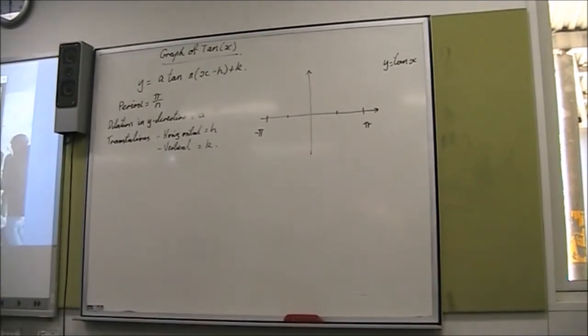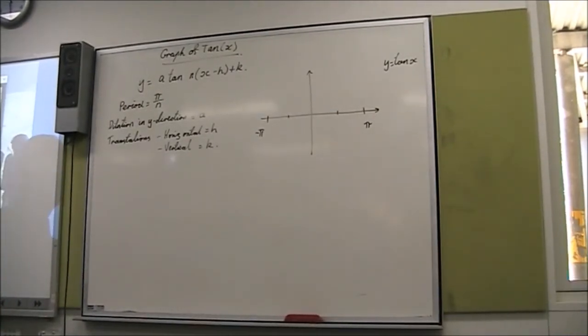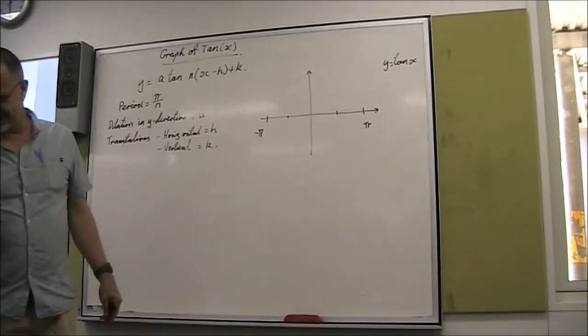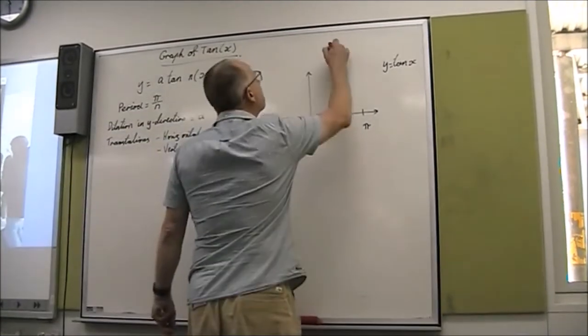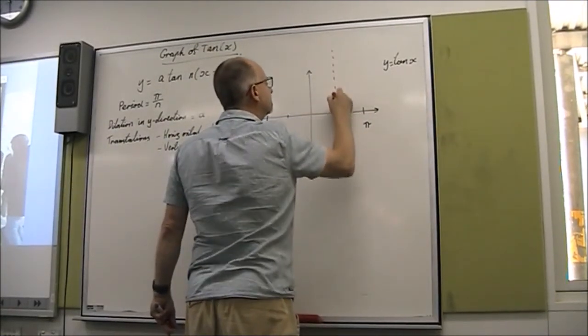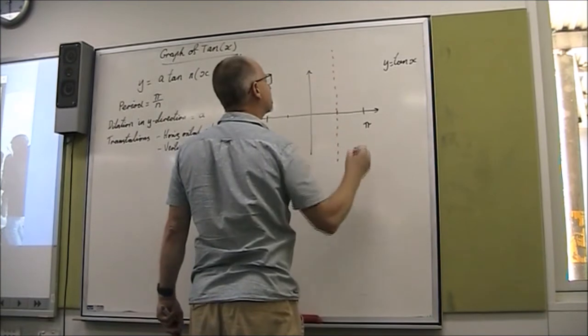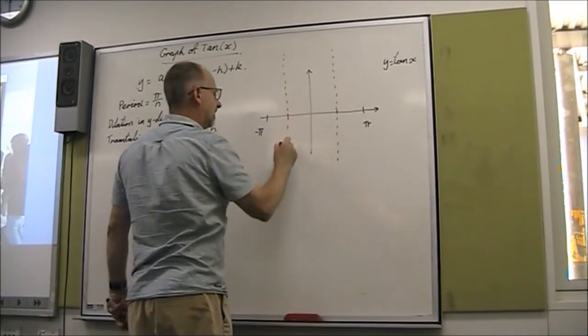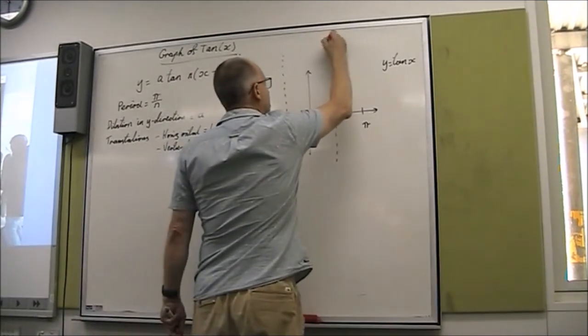Key thing I will write in a minute is that tan has some asymptotes, because the tan of pi on 2, 3 pi on 2 and so on are undefined, so we have some asymptotes.